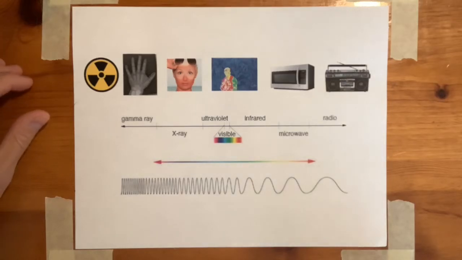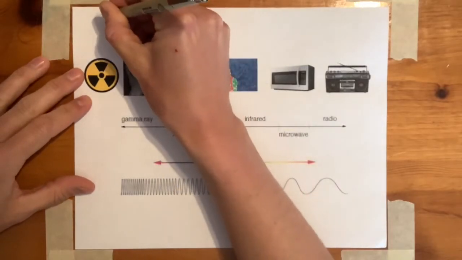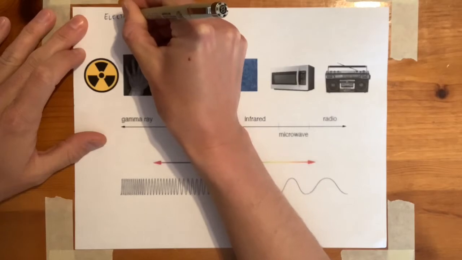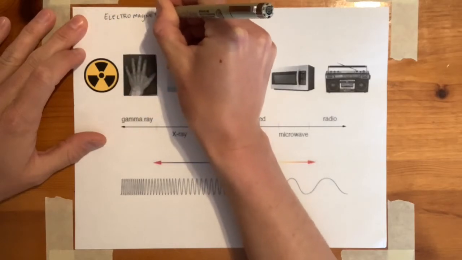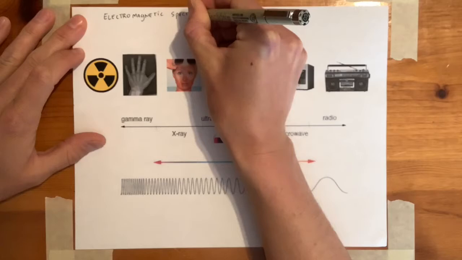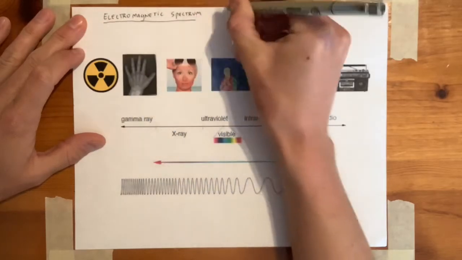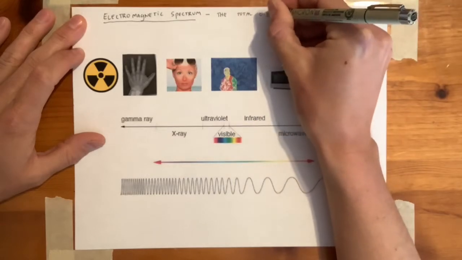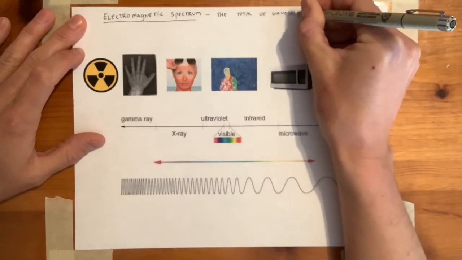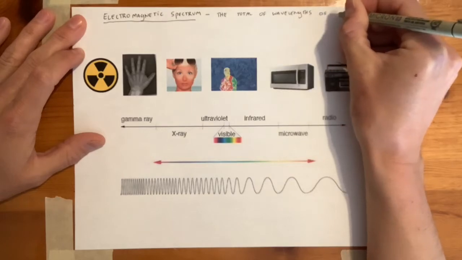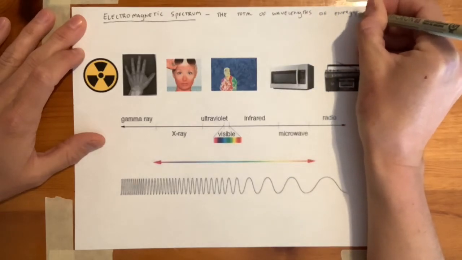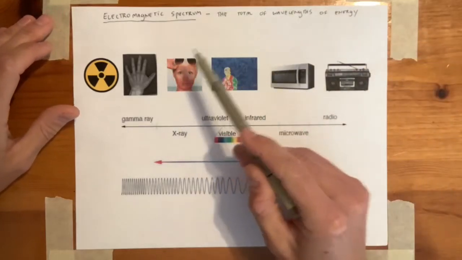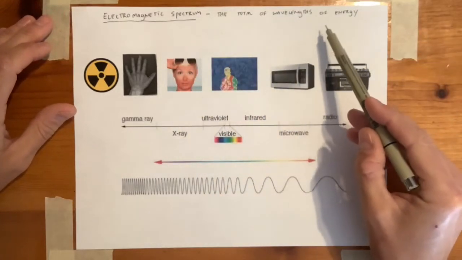It's a spectrum of energy that we call the electromagnetic spectrum. So the electromagnetic spectrum is the total of wavelengths of energy.